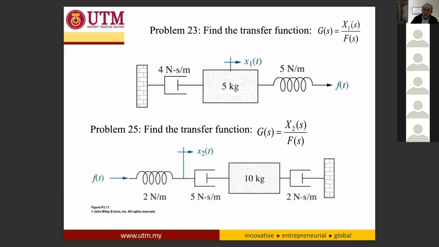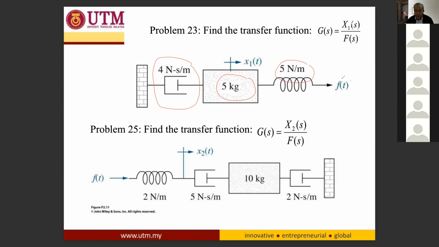So the next example is in slide number 62. Now the example is different, so we give the values straight away. For example, the damper is 4 Newton second per meter, which is the unit for the damper. Mass is 5 kilogram, and the spring constant is 5 Newton per meter.